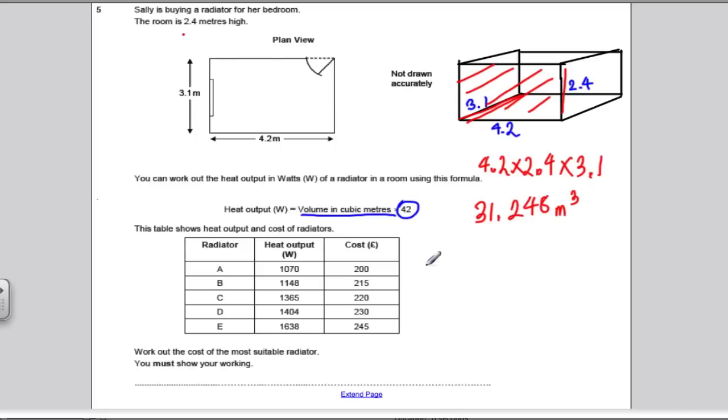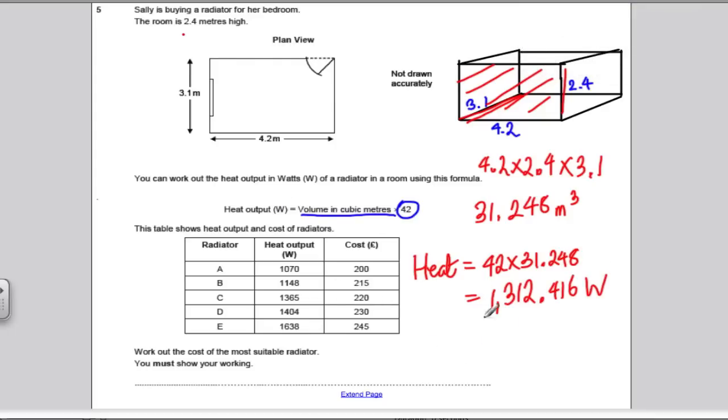Now the heat output. Again, you would have more space in the exam; I've cut the amount of working here. The heat is the volume of the room times 42. So you do 42 times 31.248, and you get 1312.416, and the unit is watts.